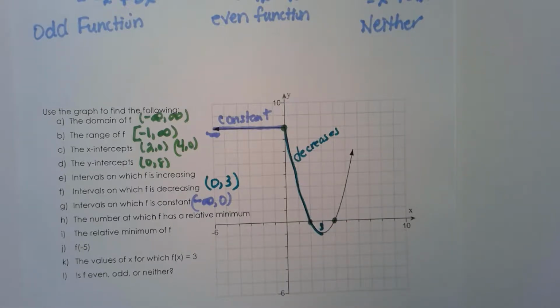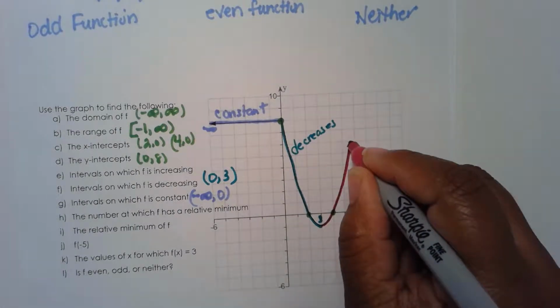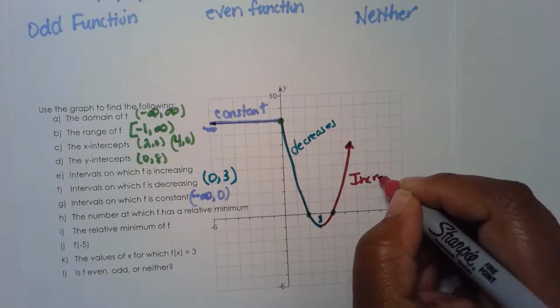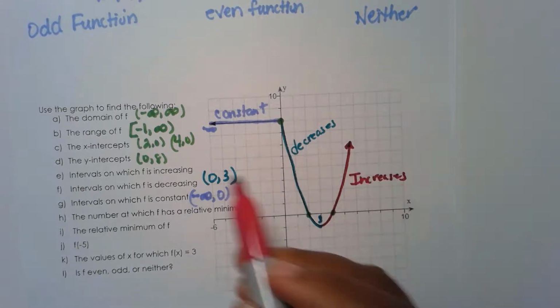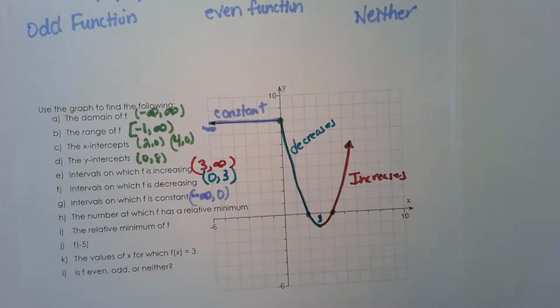And then from 3 to positive infinity, it increases. And remember, we're looking at the x values and we're writing the interval notation.